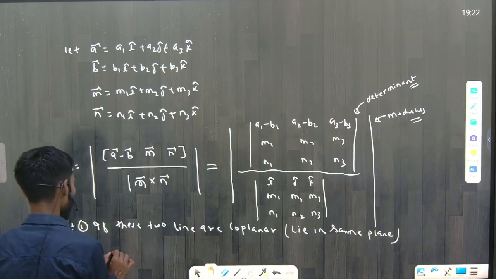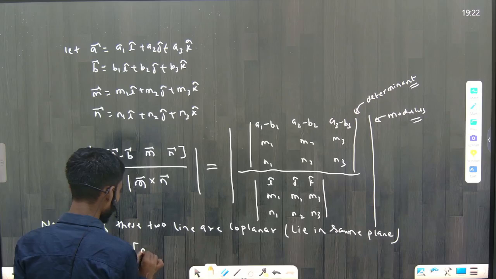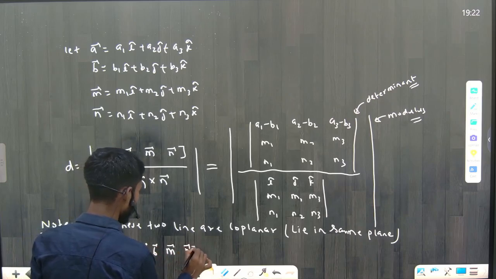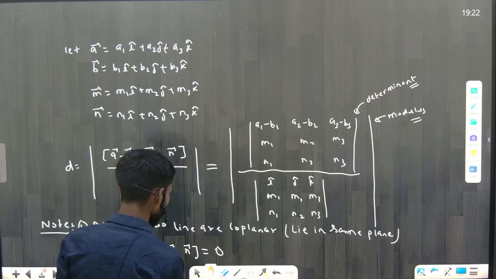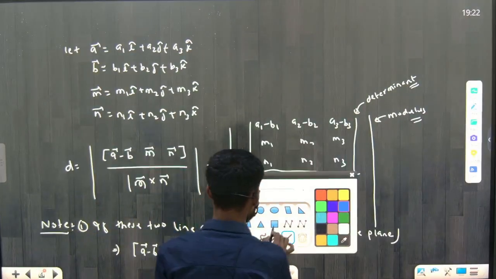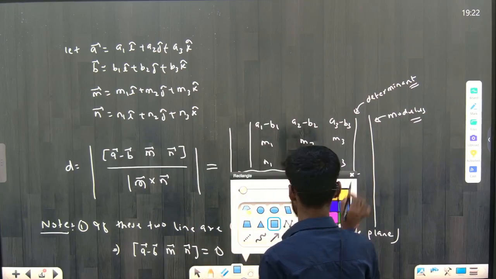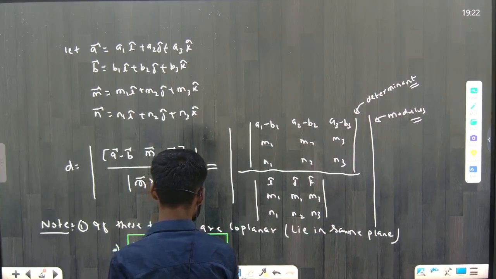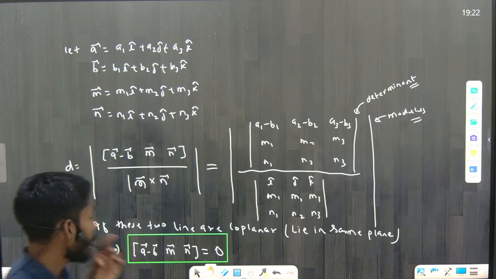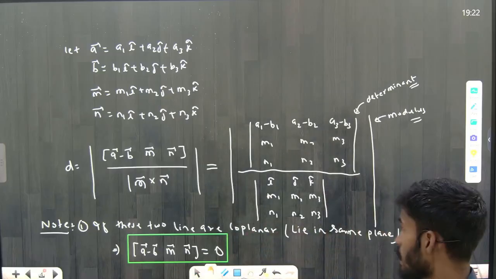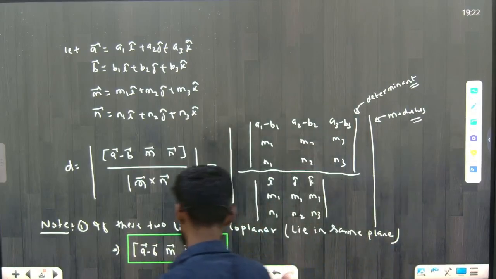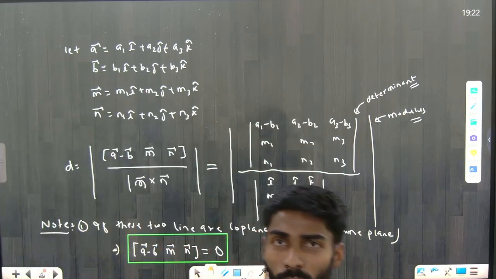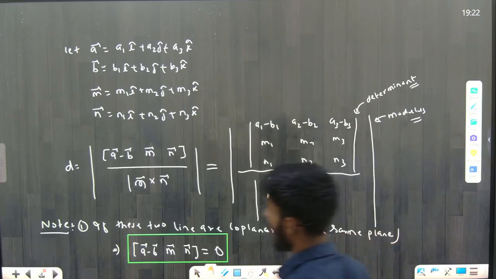So the box of A vector minus B vector, M, N is equal to 0. If the two lines are coplanar, the shortest distance is 0 and the box product is also equal to 0. Now I'm going to take one question which was actually asked in JEE Advanced.